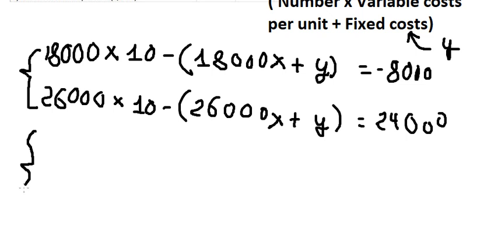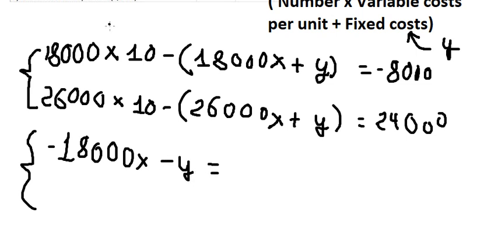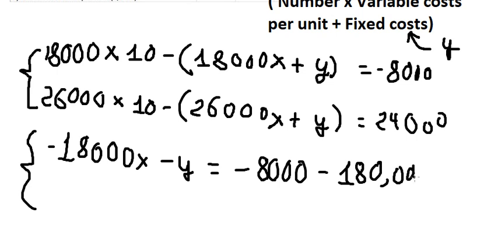So now we have like this. And this one we have 180,000. We put this one go to the right. Now we do similar for the second one.